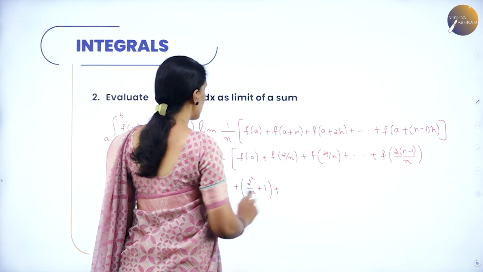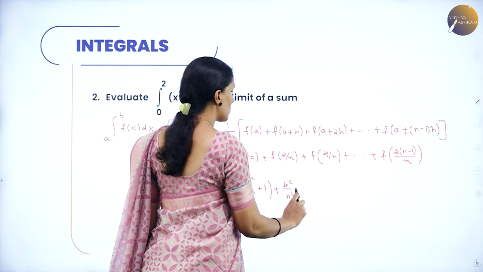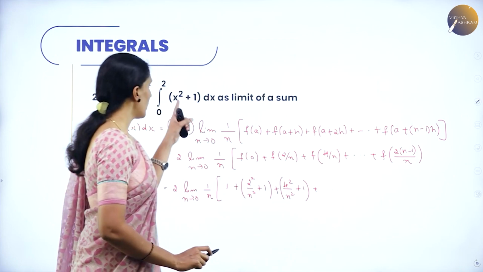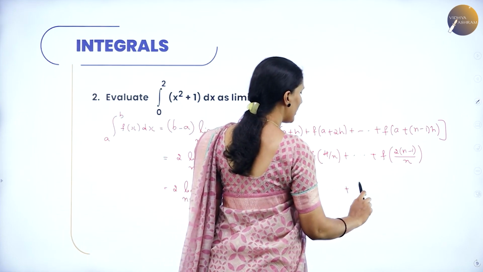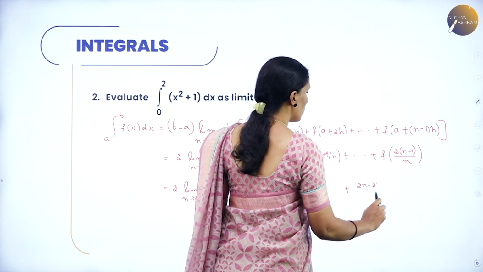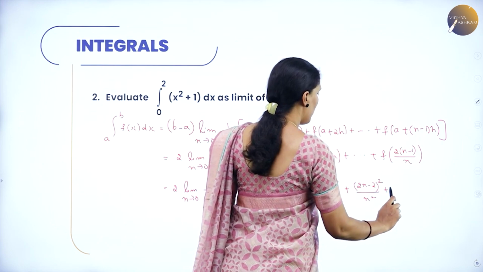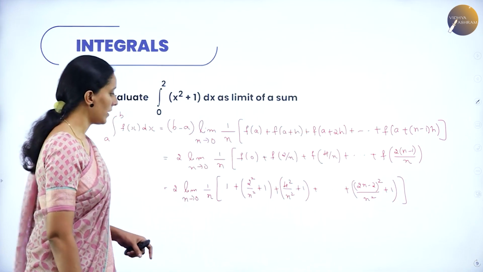Next this is 4 by n, so therefore it is 4 square by n square plus 1 plus etc. So here it is again 2 square, or we can write it as 2n minus 2 whole square divided by n square plus 1. So this is how we are going to express.